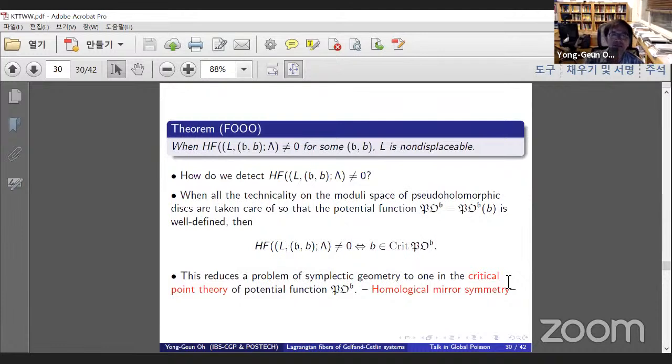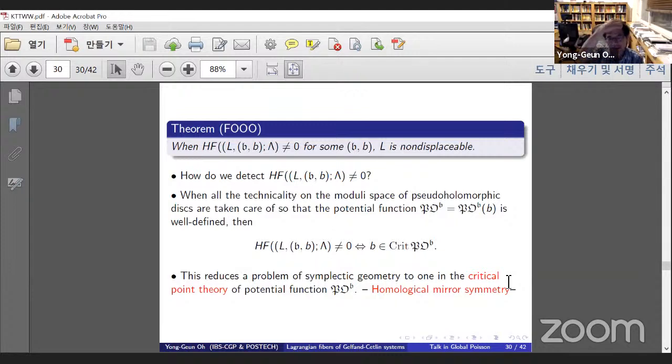Okay, and the theorem is that, as I already mentioned, if the deformed Floer cohomology is well defined and non-trivial, then the Lagrangian is non-displaceable. So how would we detect the non-triviality of these cohomologies? It looks very complicated, but at the end of the day, the non-triviality of this Floer cohomology can be detected by using some critical point theory.